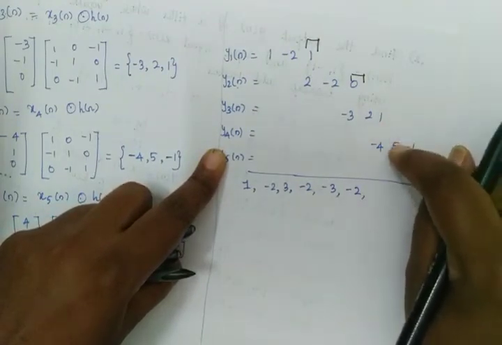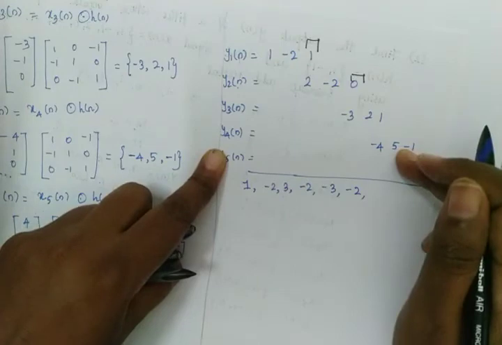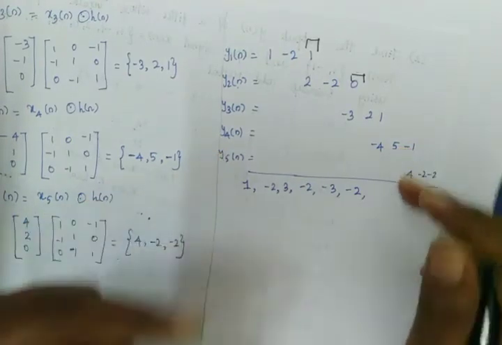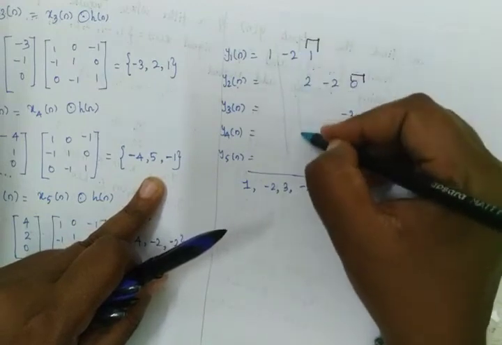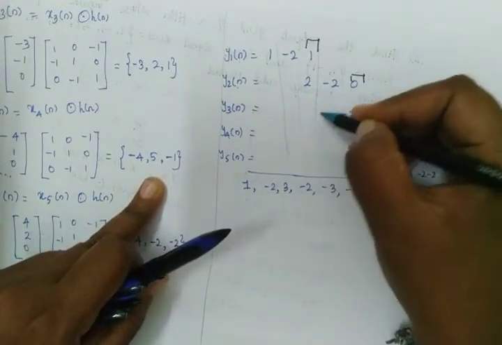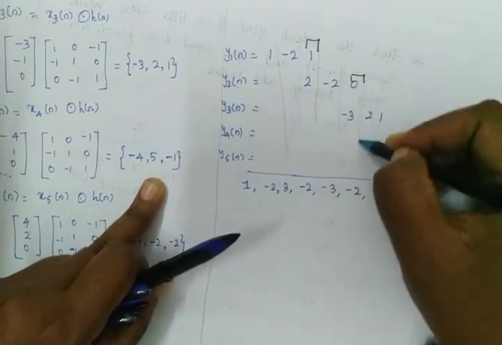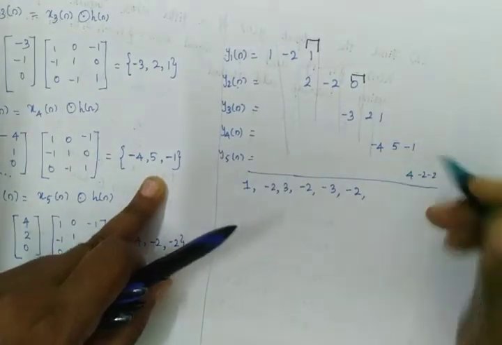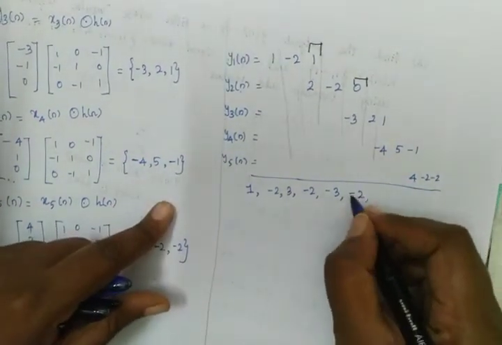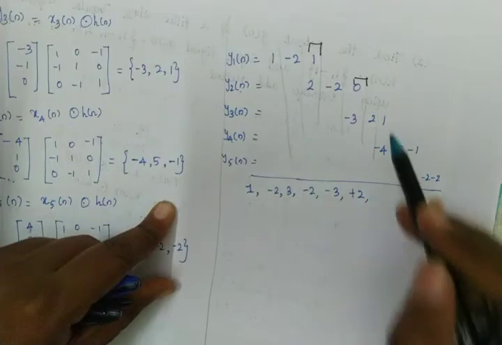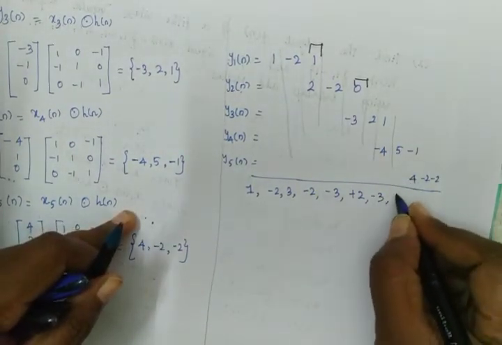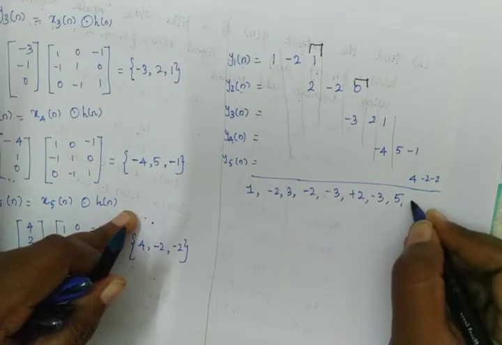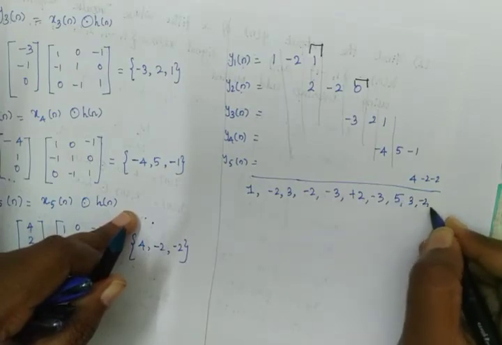Wait, I have done it wrongly. Here it is 2 minus 2 1, here it is minus 2 0 3, and here we have 2 plus 2, and here it is 1 minus 4 is minus 3, and here we have 5, here it is 3 minus 2 minus 2.